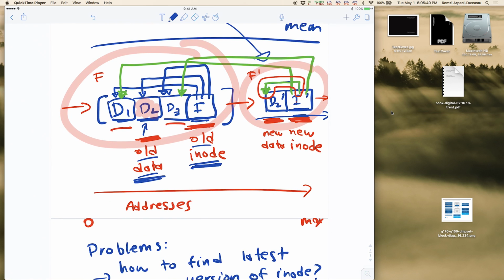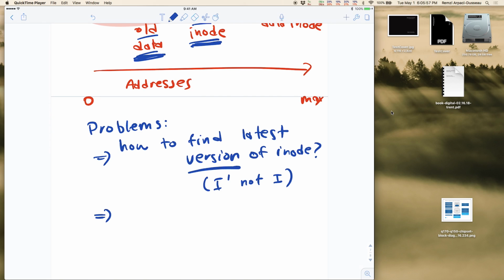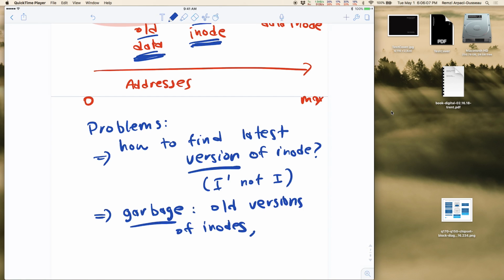We're also going to have a lot of old data, right? Every time we overwrite data, we're going to have old data that was left in place. We have a term for that. It's called garbage, sadly, which means old versions of inodes and old versions of data lying around.